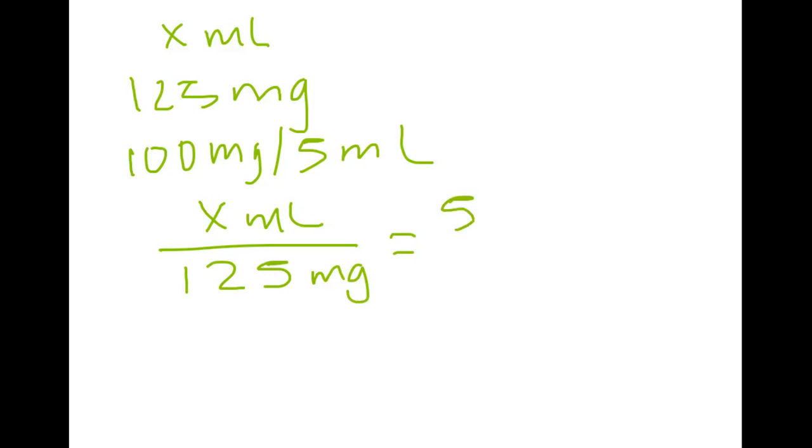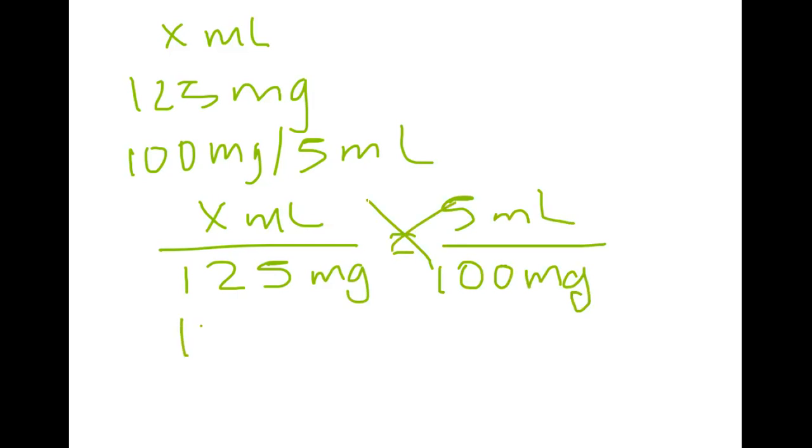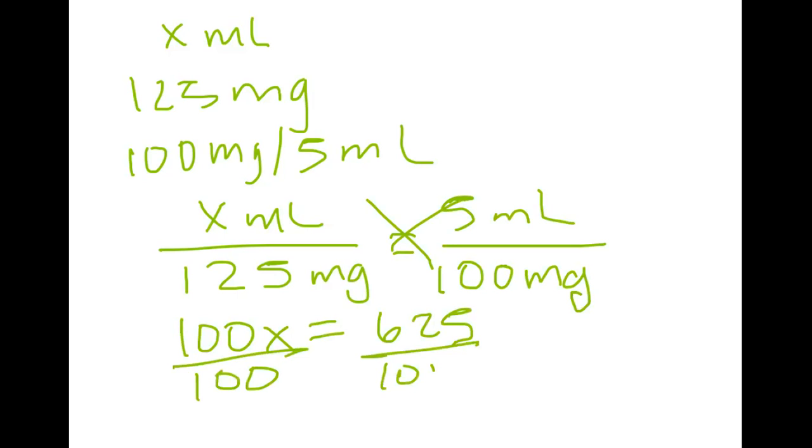So 5 milliliters goes on top, and 100 milligrams will go in the denominator. Cross multiply. 100x is equal to 625 divided by 100. X is equal to 6.25 mLs.